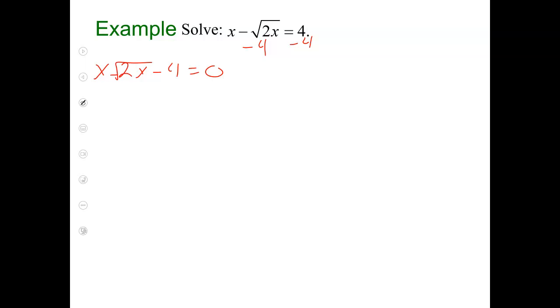No, there can be a variable inside. That's fine. No, because I'm still going to have a radical. I can't simplify it. I would have x squared minus 2 square root of 2x minus 2x. That still leaves me with a radical. Oh. Where does the radical need to be before I square it?